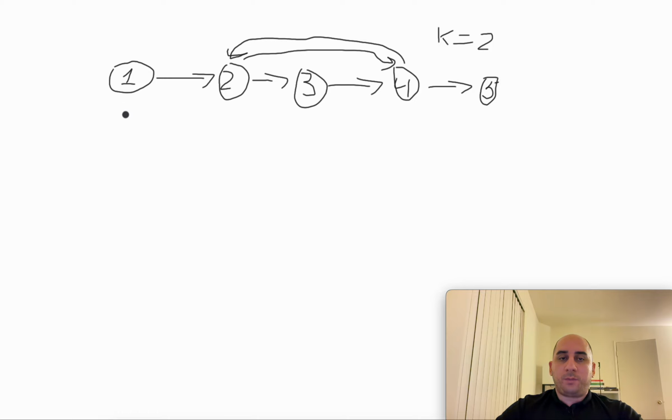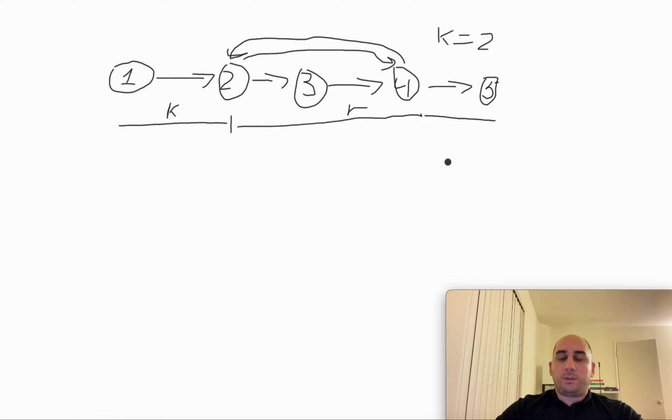The distance from the beginning of our list to this point, the first node that we are going to swap, is k. And the second part of the list, let's call it r, as the remaining part.